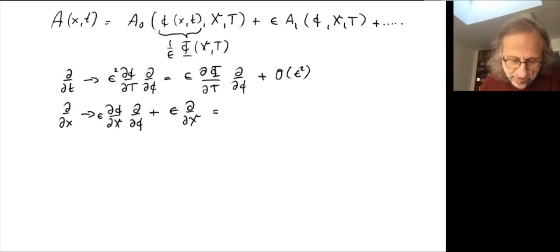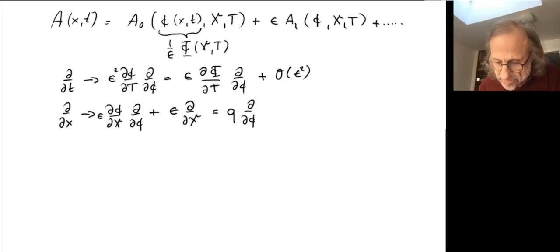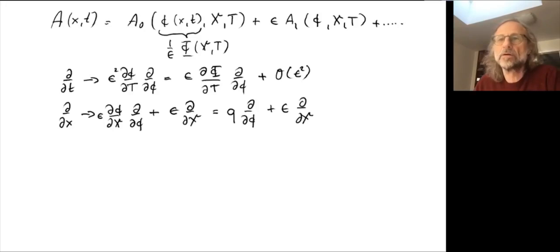But we remember again, if it's a capital Phi, then it cancels the epsilon, and capital Phi with respect to capital X is q. So this is simply q times d by d phi plus epsilon times d by dX.